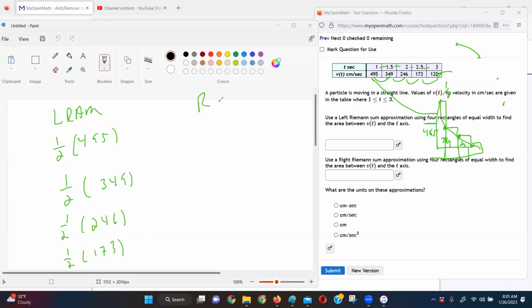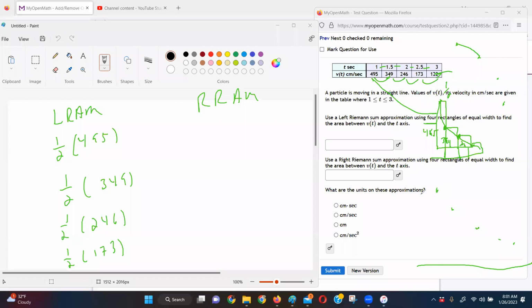Now, if I'm going to do an RRAM, a right RAM, we're doing the right rectangle, so we're going to go from the right. So if this is the graph, right? RRAM, let me not do that. Let's undo that. I want to erase this.